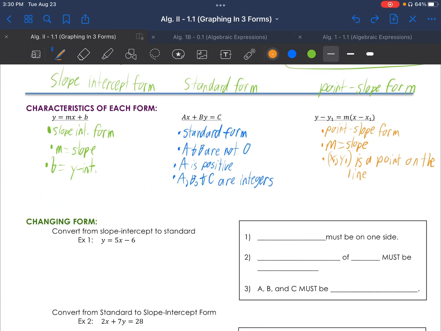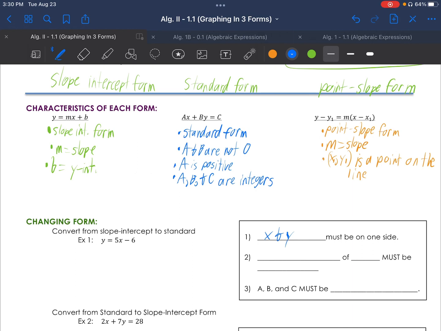So let's work on changing form from one to another. This first example, we're going to convert from slope-intercept to standard. So it's in y equals mx plus b, and we need to get to ax plus by equals c. So we have 3 steps we're going to follow. The first step is to get x and y on the same side.